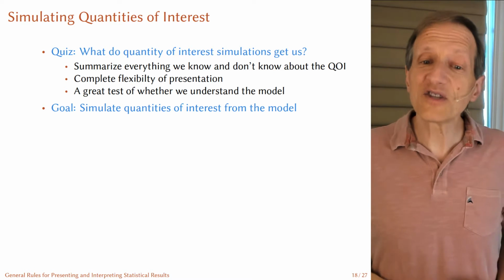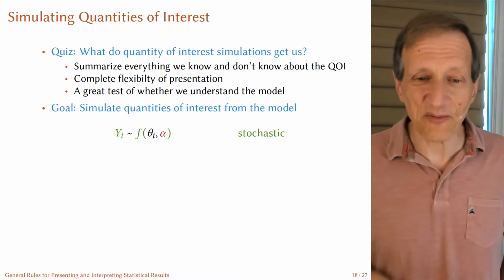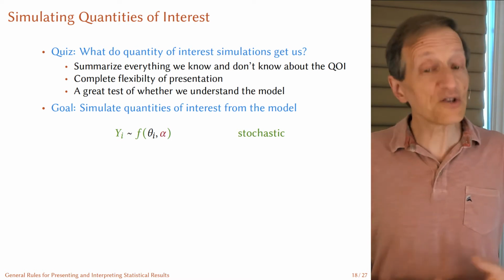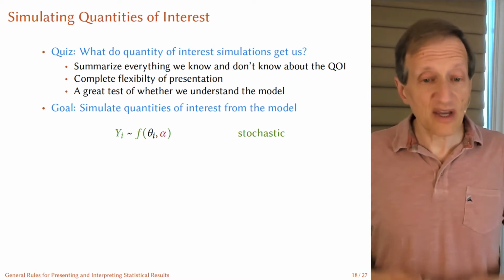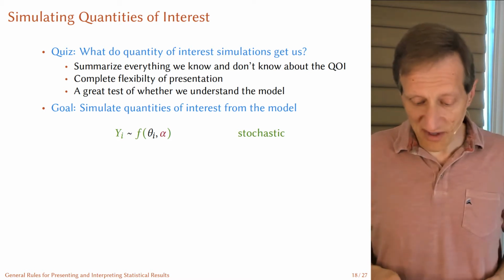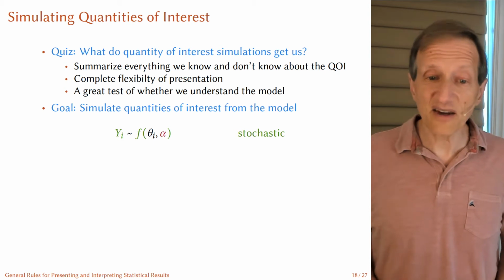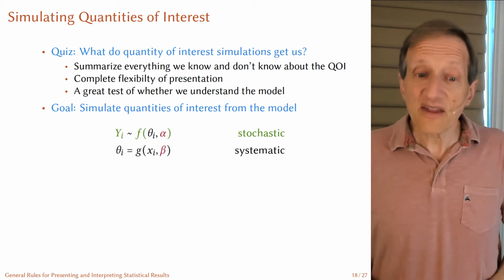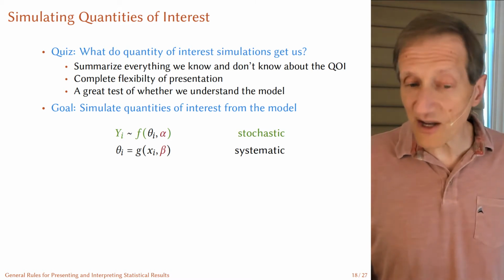Our goal is to simulate quantities of interest from the model, so now we have to figure out how to do it. Here's the model. First part of it is the stochastic component. So we have y of i is distributed in some way. I sometimes write this as p, sometimes as f. That's our distribution given theta and alpha. Theta is the parameter that is in the systematic component.